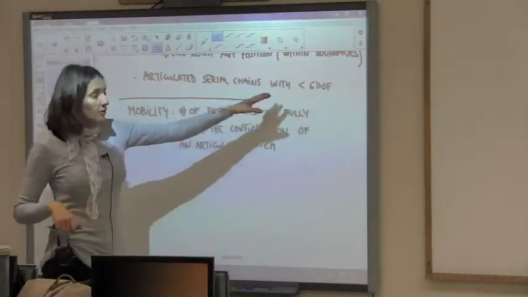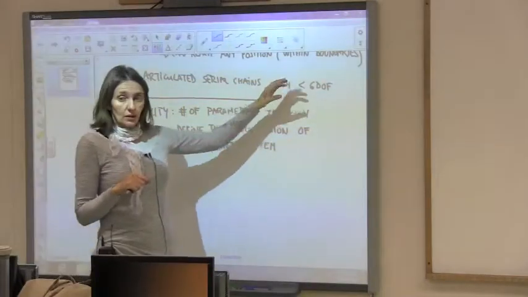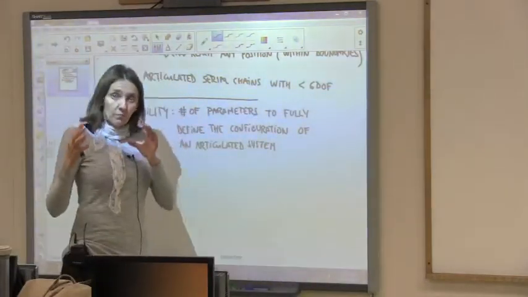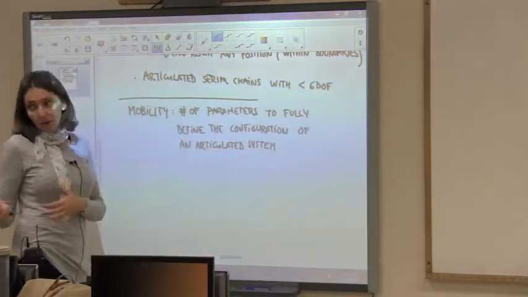So when we talk about degrees of freedom, we don't mean all the possible joints of your system, but only those that you actuate. And when you actuate those, the system goes to a specified position. And the rest of them will take whatever value they need to take.